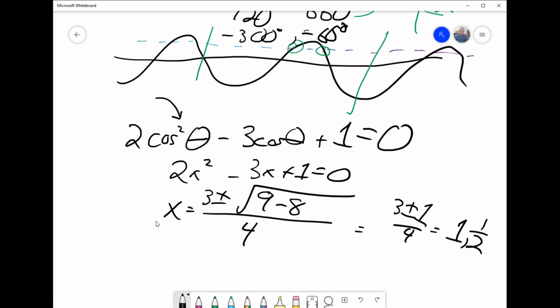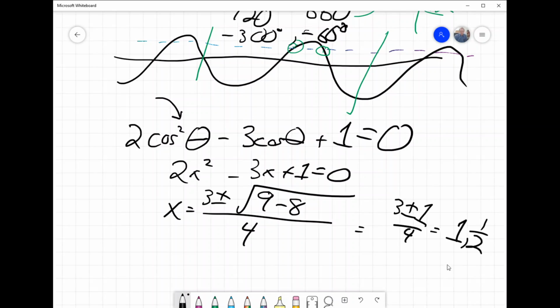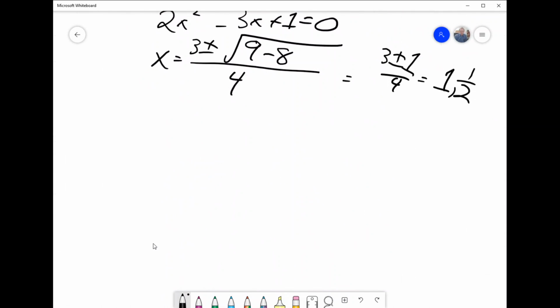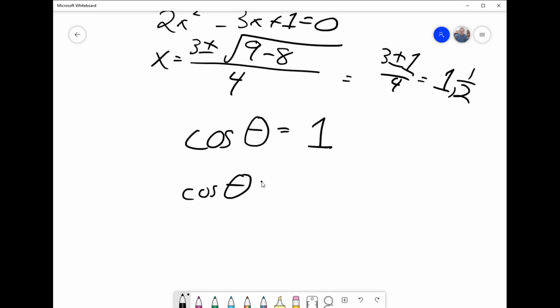But remember, these are solutions for x, and we put x where the cosine of theta is. So we will actually have two sets of solutions. We'll have the set where the cosine of theta equals 1, and we'll have the set where the cosine of theta equals 1/2. So for the first one, cosine of theta equals 1 at multiples of 0, or at 0 and multiples of 2 pi thereafter, or 360 degrees.